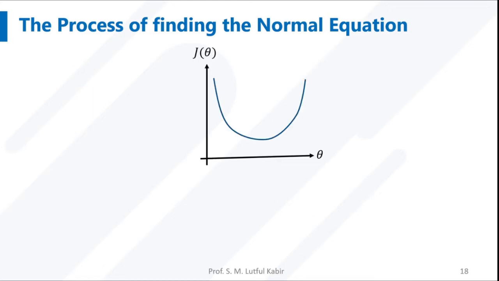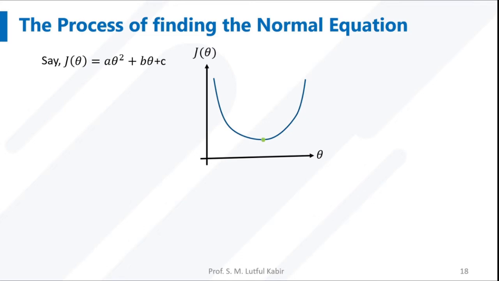Let us say this is our J(theta) cost function, and we want to find the theta for which J(theta) is minimum. Let us say J(theta) is expressed by the equation a theta squared plus b theta plus c.